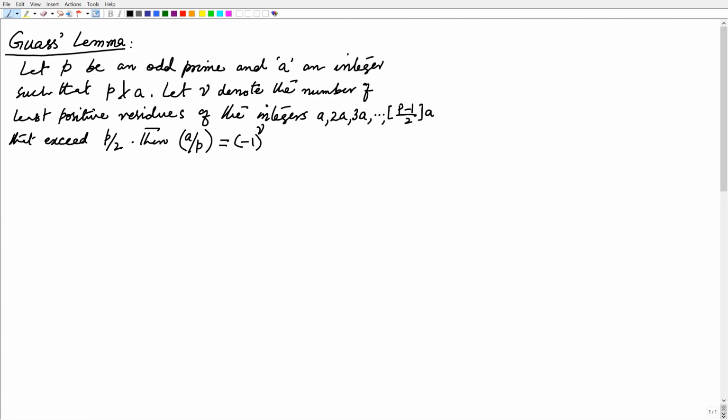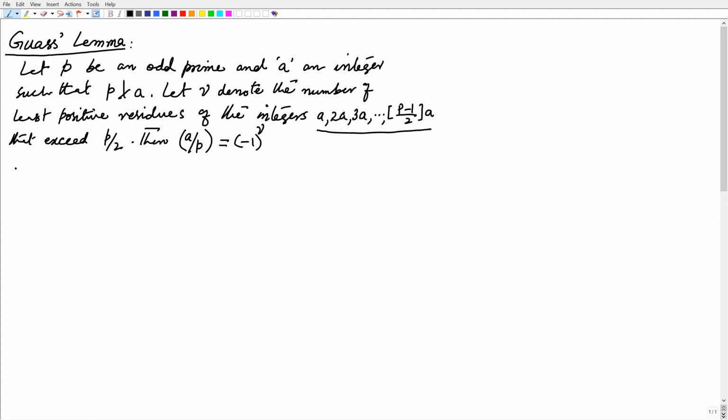We just need to find the value of nu, the number of least positive residues that exceed p/2. We are not interested in the proof, but in the application of the Gauss lemma.